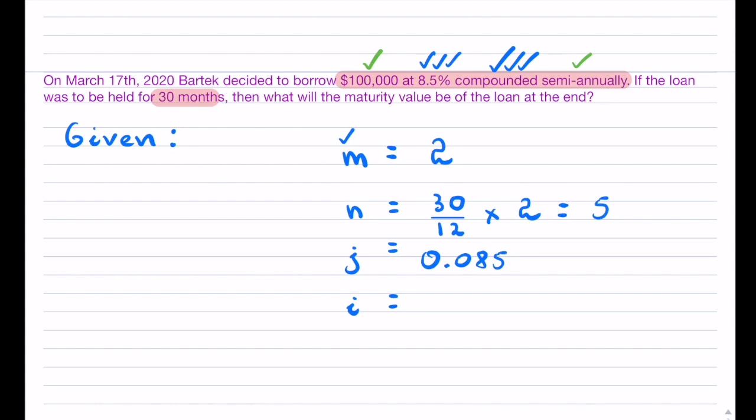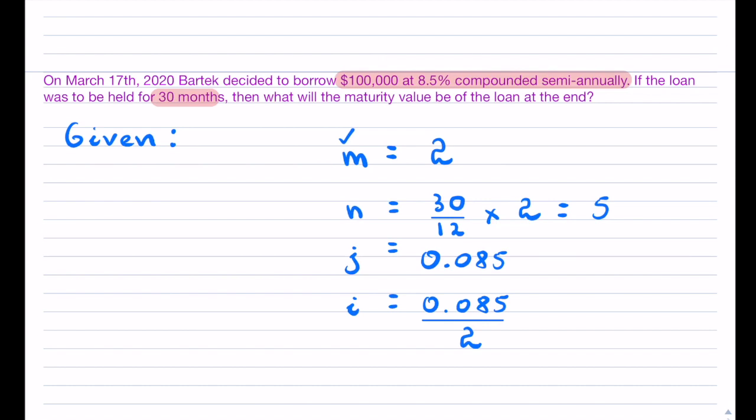And now my I. My I, by definition, is simply your nominal interest rate, J, divided by M. Again, you can view one of the previous lessons on this. So I'm going to divide this by 2, and these are now all the givens that I initially would like to start with. So what next?